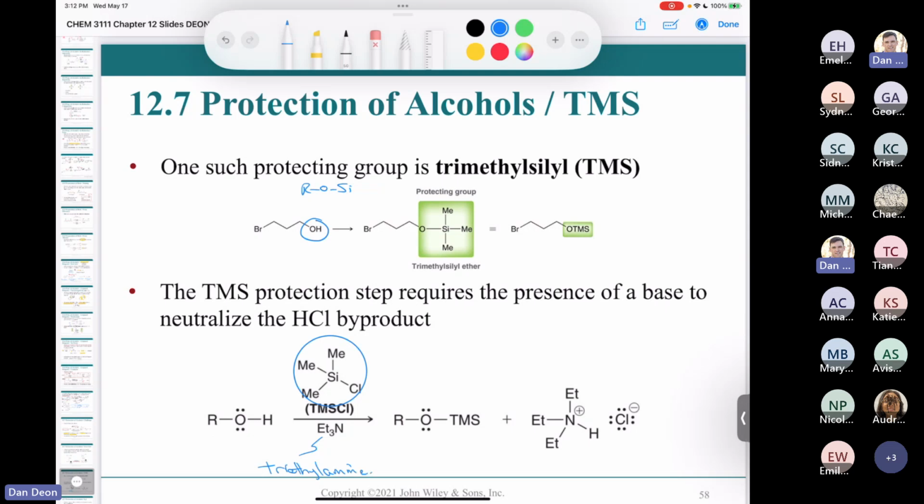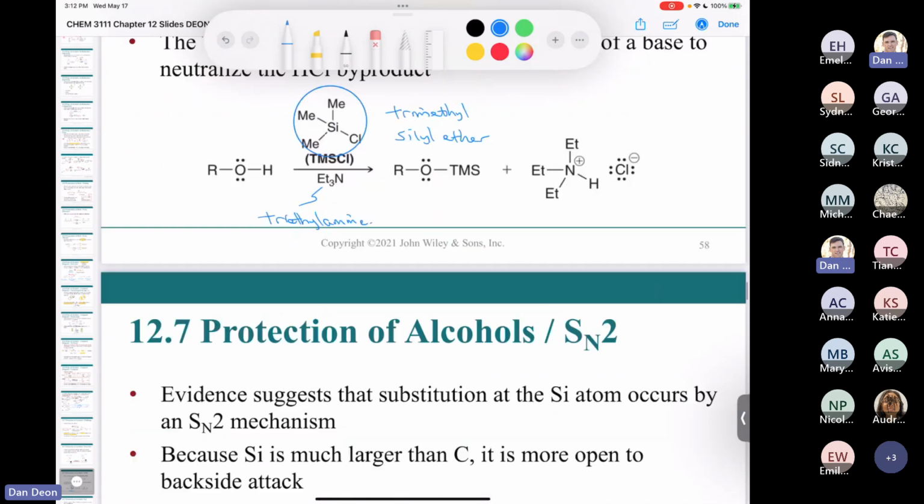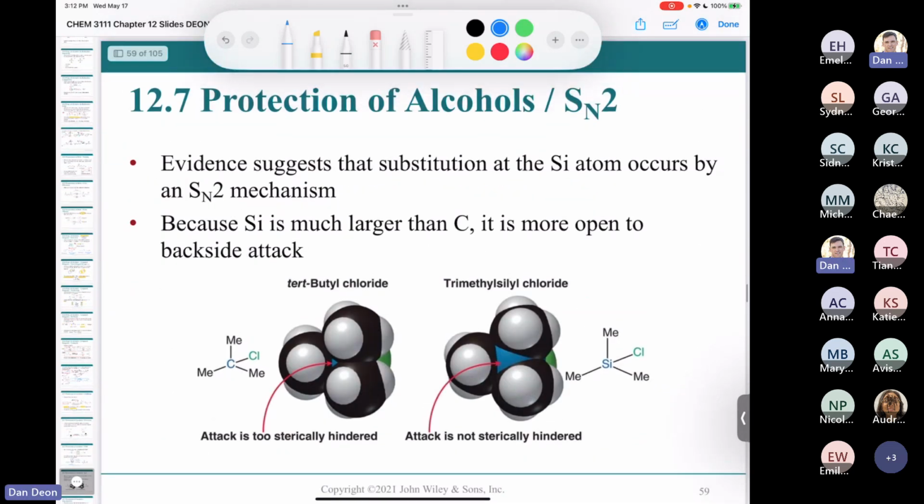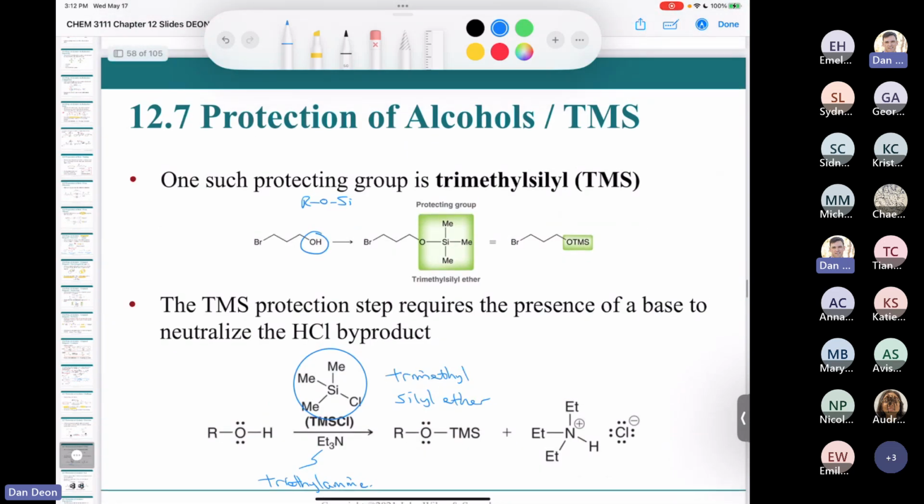So we take the alcohol, put it in trimethyl silyl chloride and triethylamine, and that gives us our silyl ether, and of course this is actually a trimethyl silyl ether. Then we end up with triethylammonium chloride as a salt, and we could just wash that out of the reaction. So once we've made the silyl ether, that covers up the alcohol.